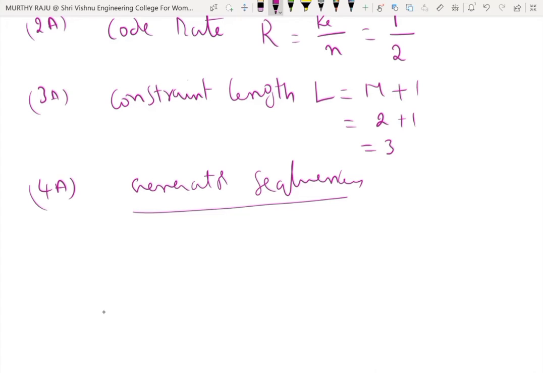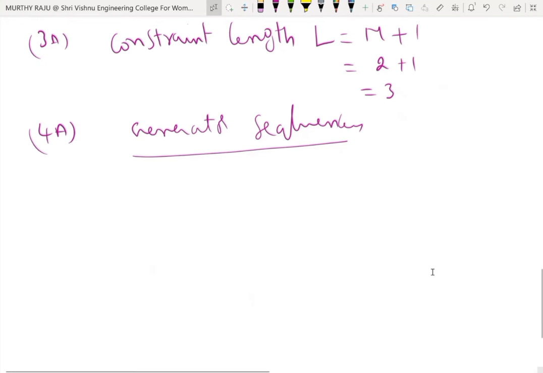That impulse response is the output of the adder when the input to the convolutional encoder is m equal to 1, 0, 0, and so on.